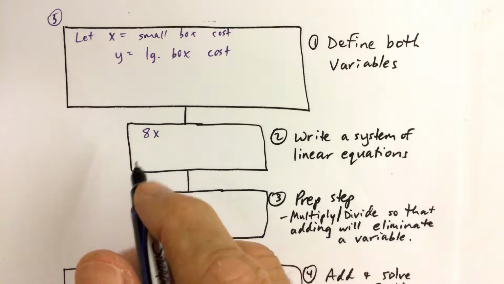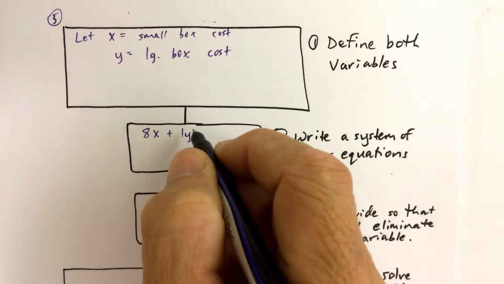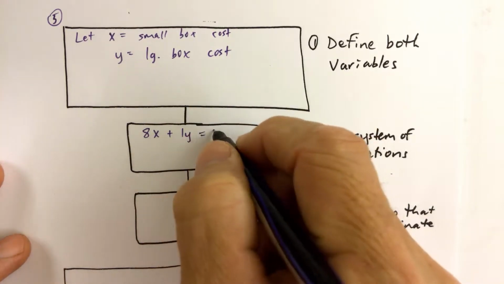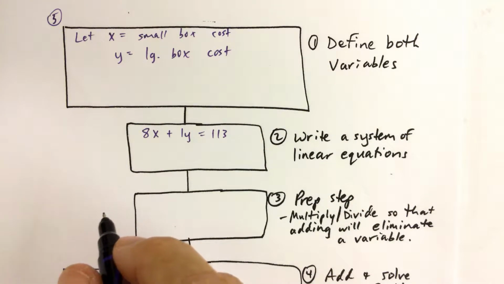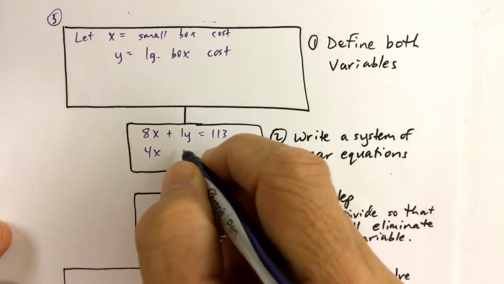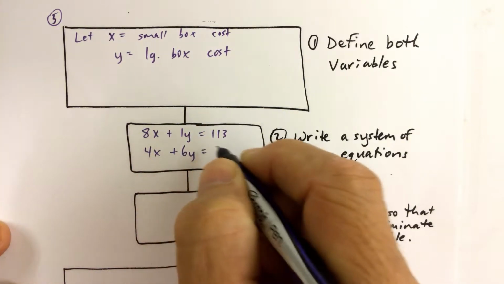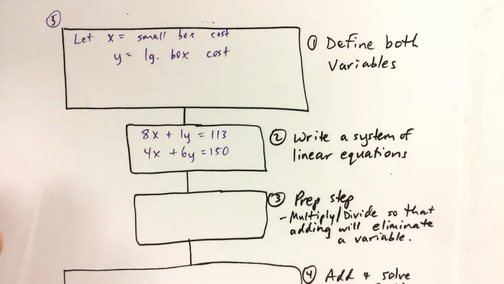And it says he sold 8 small boxes and 1 large box for $113. And then the other person, whose name I can't pronounce, sold 4 small boxes and 6 large boxes, and that amount of money was $150.